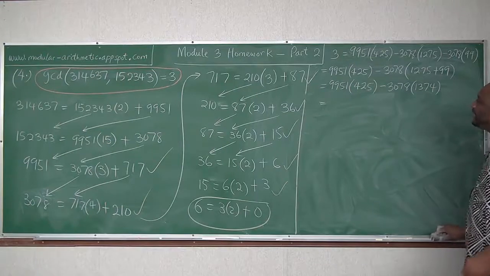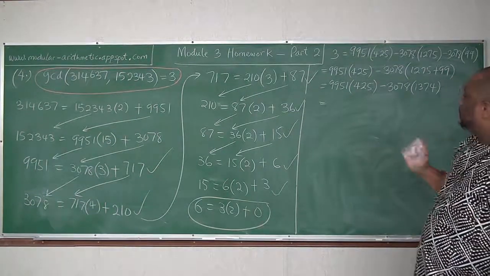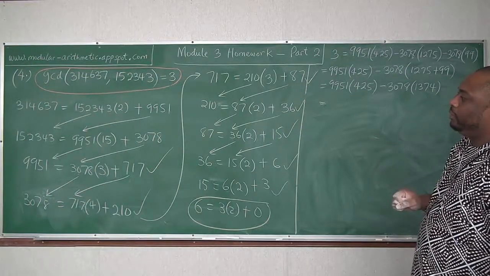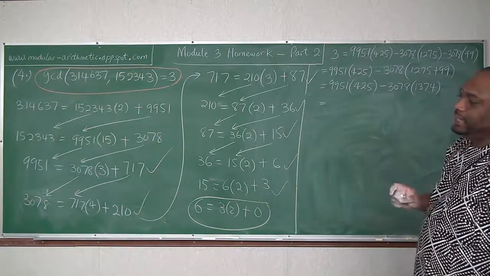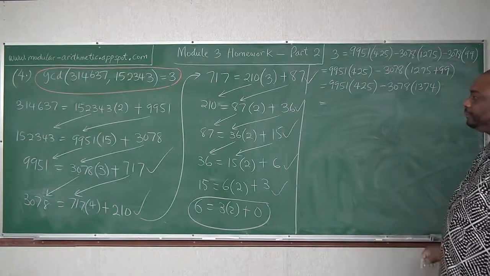Alright. The next one is we need to isolate 3078 because we need to see 9951 and 152343. We've got to see those. Okay, so we need to isolate 3078.